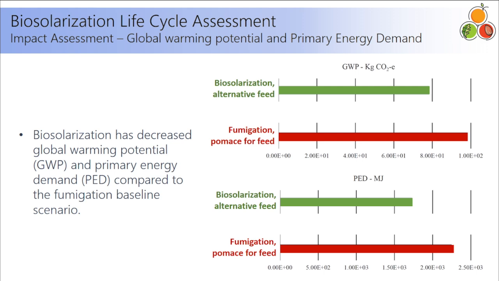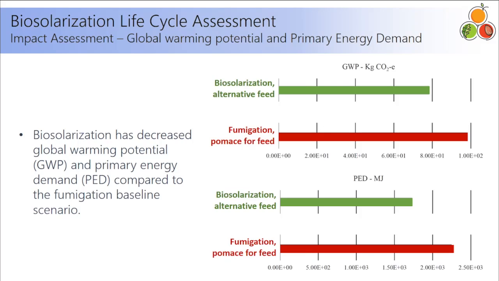Looking at global warming potential, we see that there's roughly a 20% decrease in carbon emissions expected for the biosolarization scenario, where we're taking the pumice away from the dairy farmers, putting it back into the soil. The dairy farmers are getting alternative feeds to make up for that deficit, compared to the business as usual approach of fumigating the fields and using the pumice as feed.